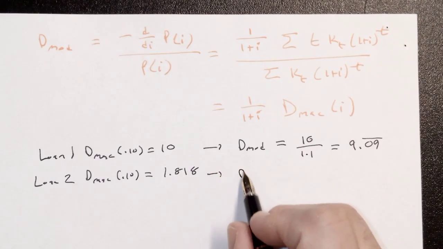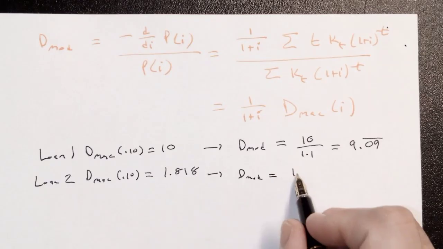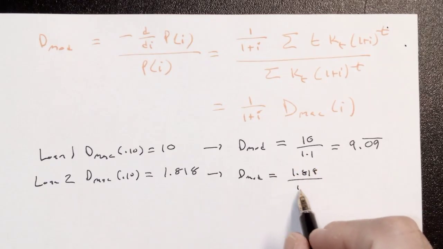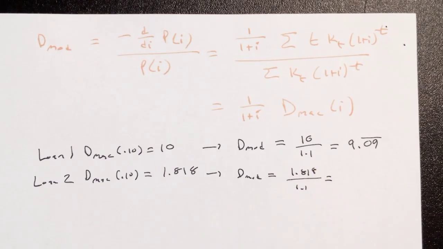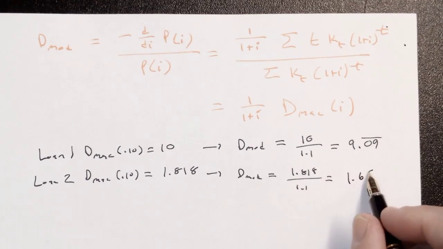And then our second loan, 1.818 divided by 1.1, has a duration of 0.818.